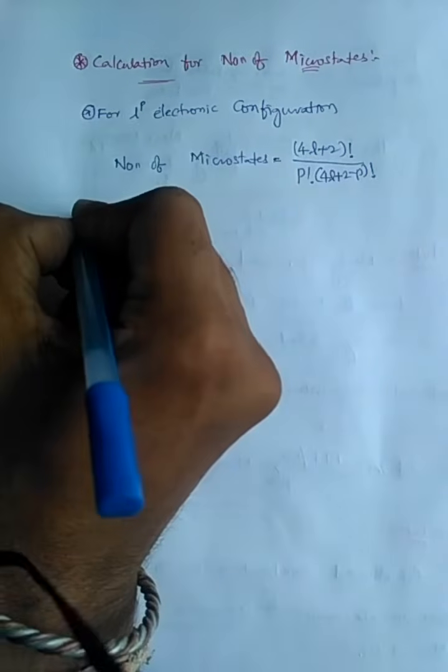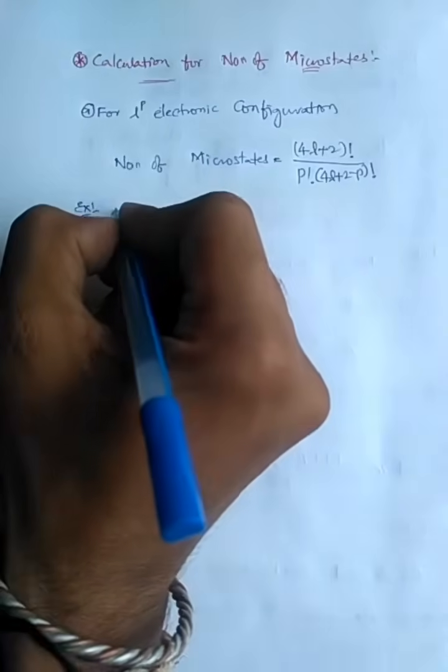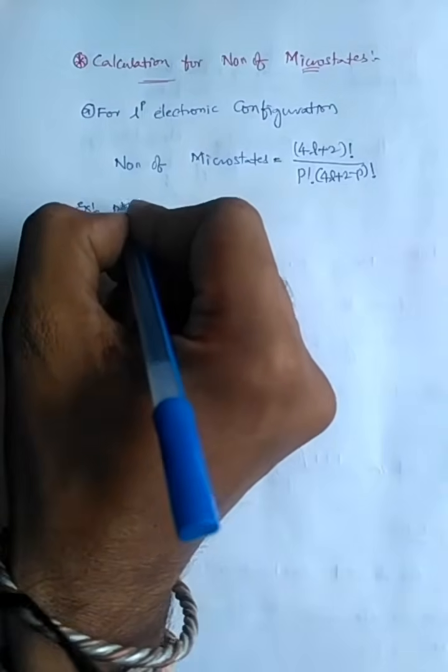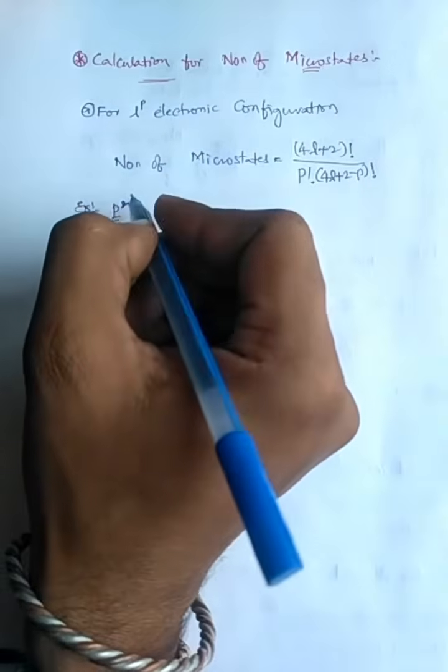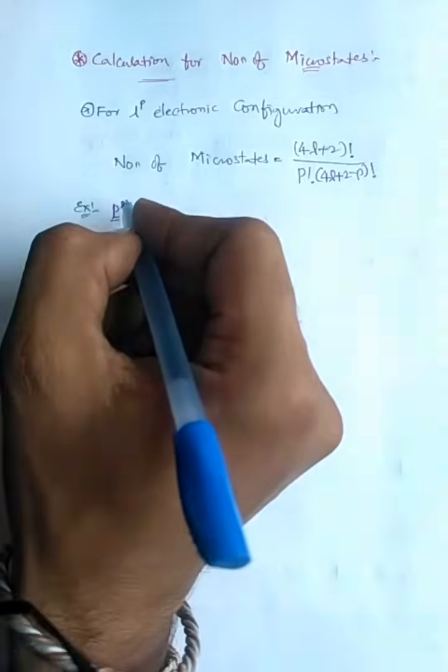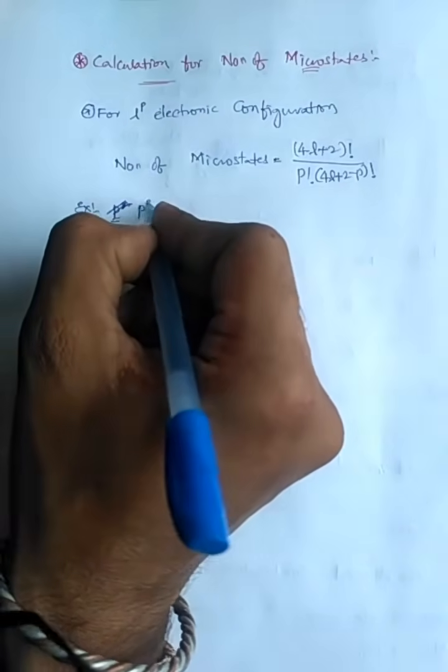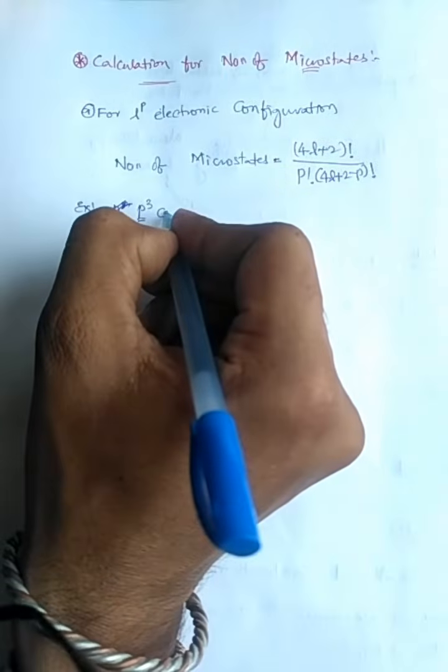Here we can go with one example. The p2 electronic configuration we have already discussed, so I will go with a p3 electronic configuration.